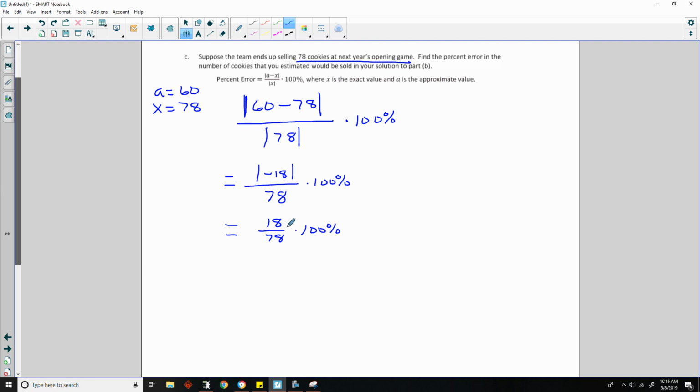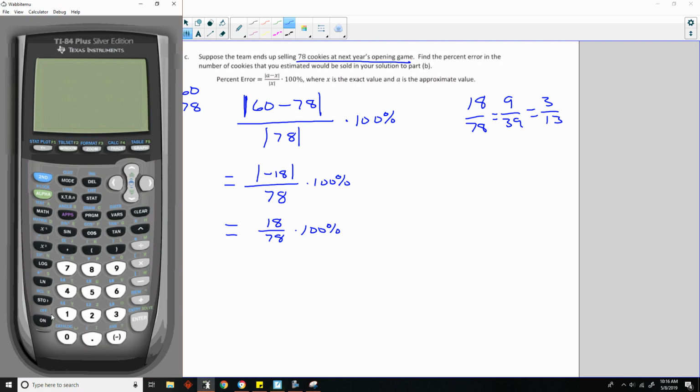It'll go in evenly too. So if I reduced 18 over 78, this is one way we can do this without a calculator. Half of 18 is 9, half of 78 is 39. Okay, but that didn't help much because 39, well, 3 will go in both of those. So 3 goes into 9 3 times, and 3 goes into 39 13 times. So we're down to 3 over 13, but that's still tough to work with.